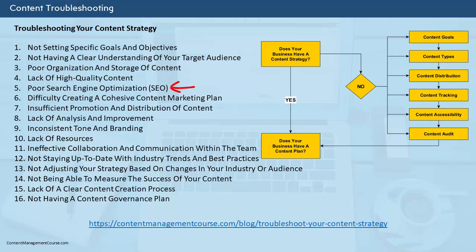For example, if poor search engine optimization is identified as an issue that's affecting your content performance, the strategic level is responsible for outlining in its content strategy that all content must follow SEO best practices. The managerial level then has to figure out what these SEO best practices are and put together the SEO systems, guides, and guidelines that the content team should follow to make sure that SEO best practices are being implemented.